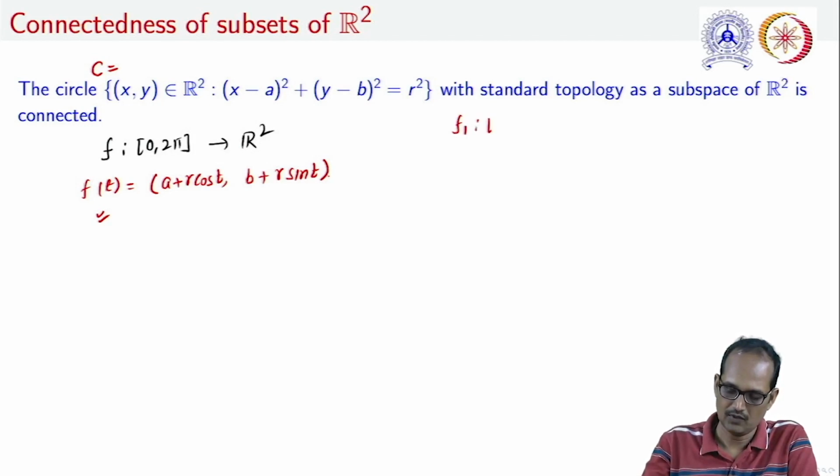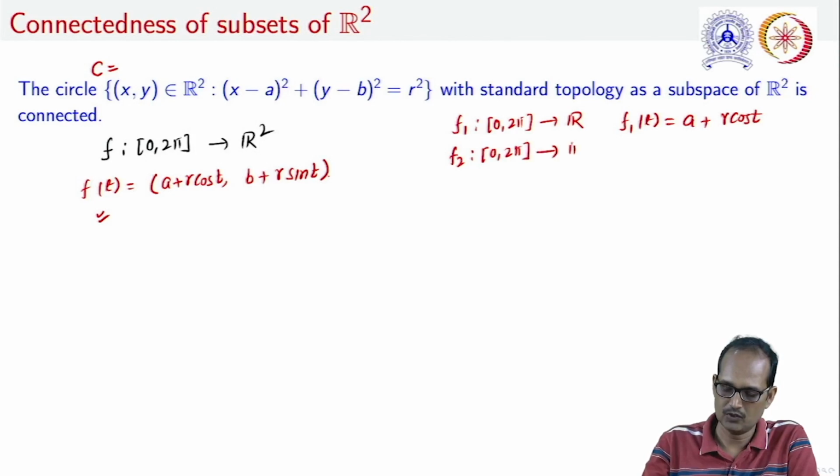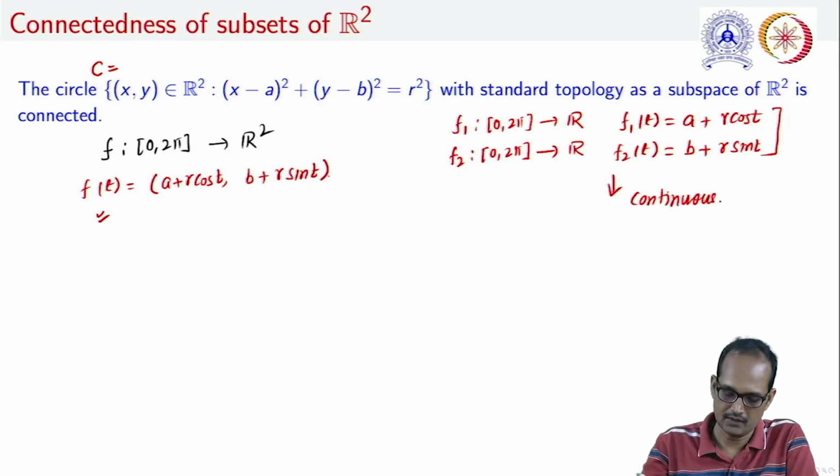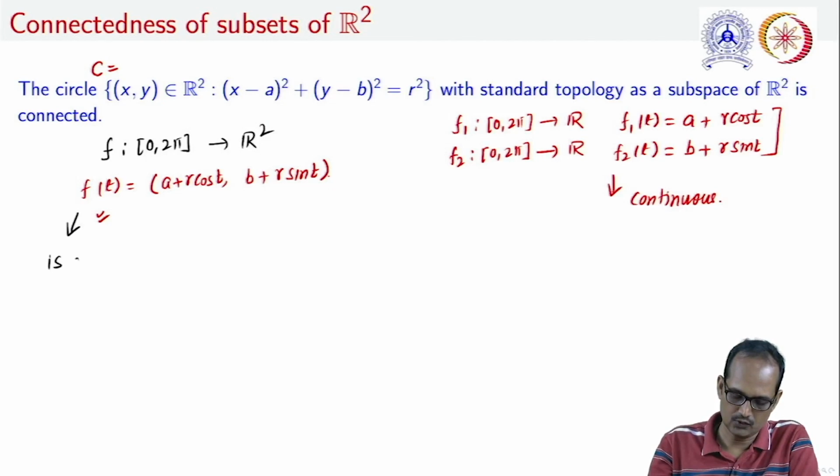The first one is f1 from this closed interval to the set of real numbers R such that f1 of t is equal to a plus r cos t, and the second function f2 from the closed interval 0 to 2 pi to R such that f2 of t is equal to b plus r sin t. Note that both f1 and f2 are continuous, and therefore this f is also continuous.